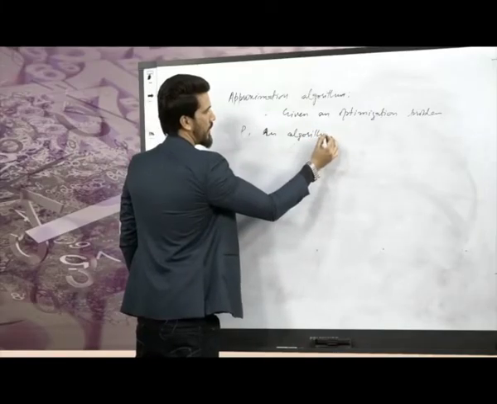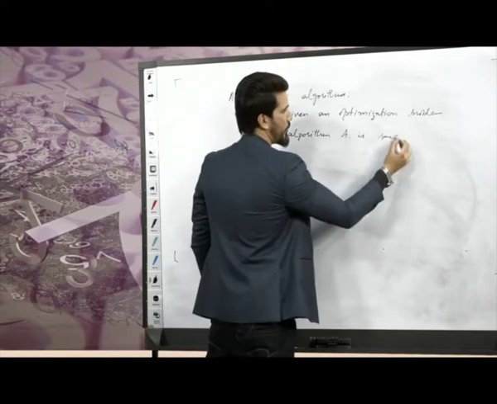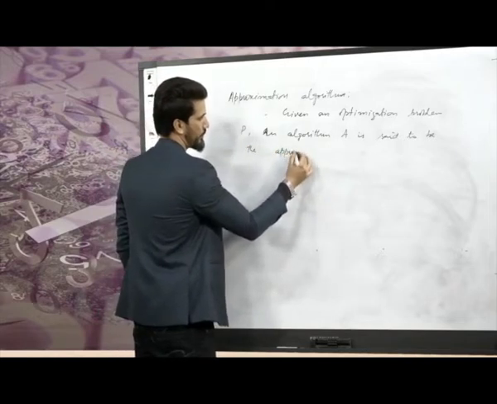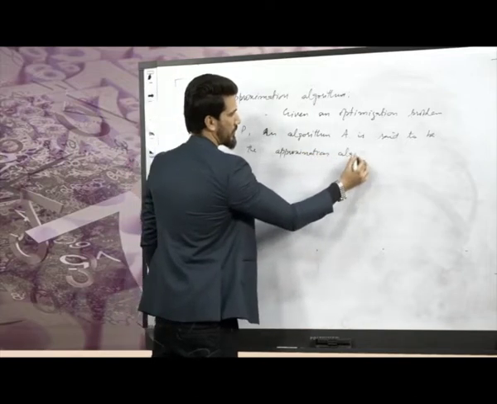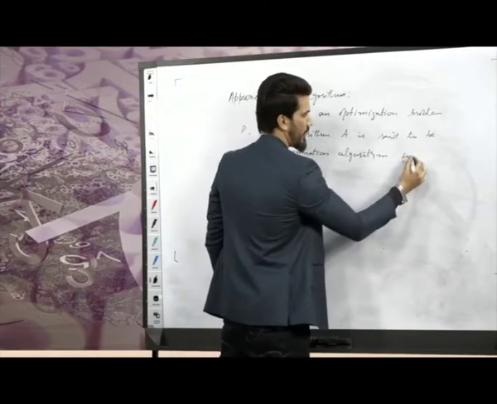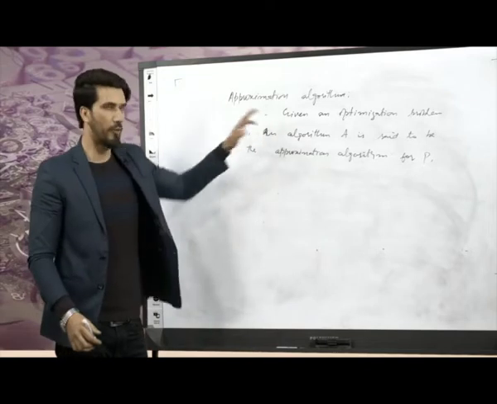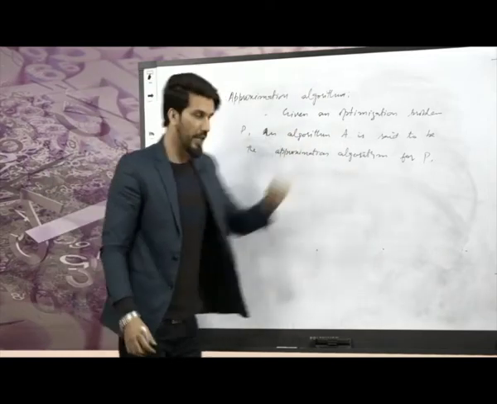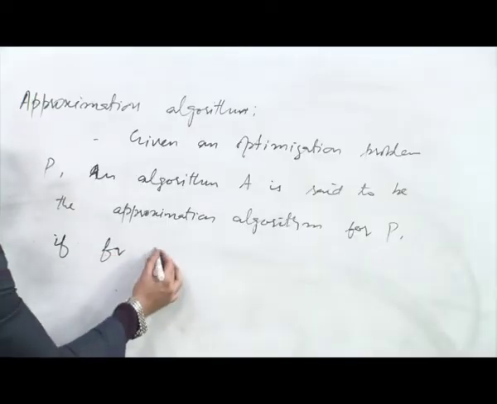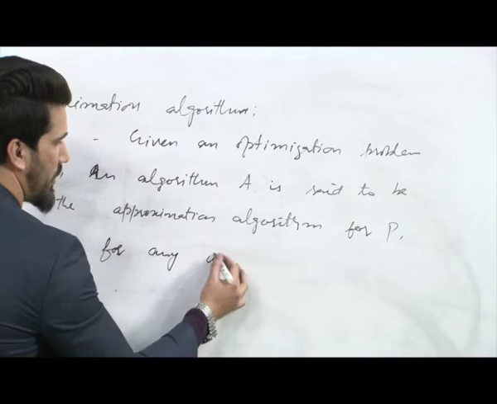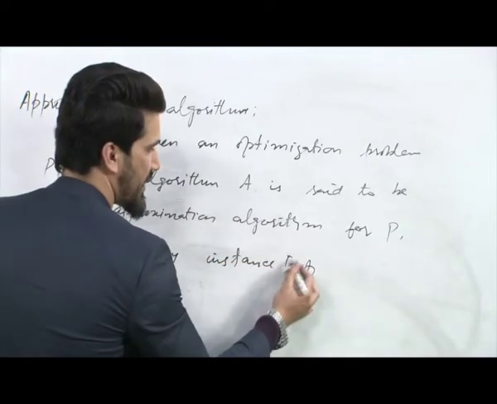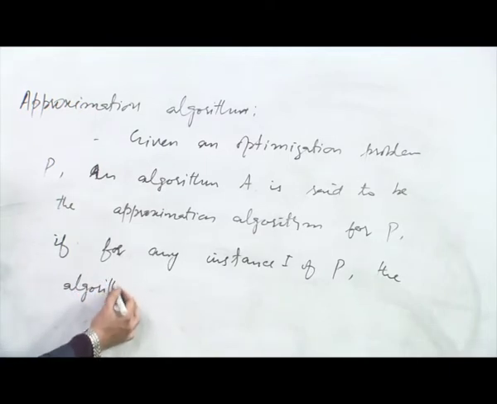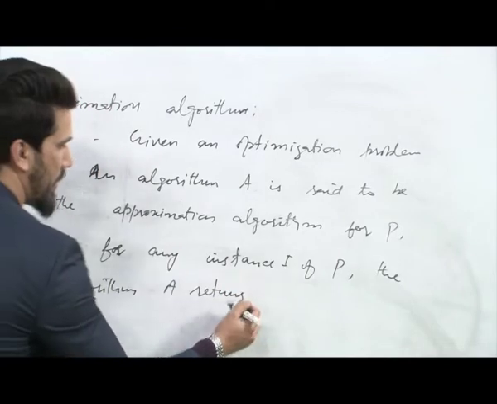A is said to be the approximation algorithm for P if for any instance I of P, the algorithm A returns a feasible solution.